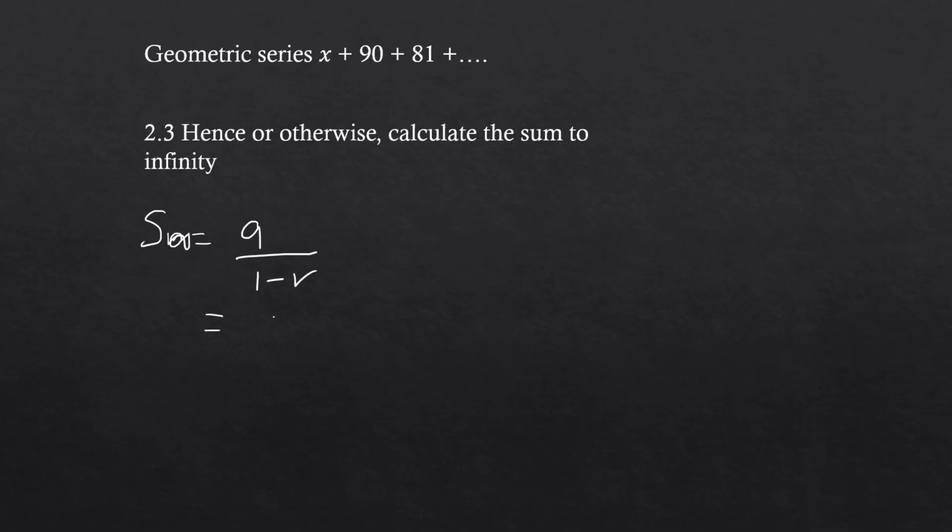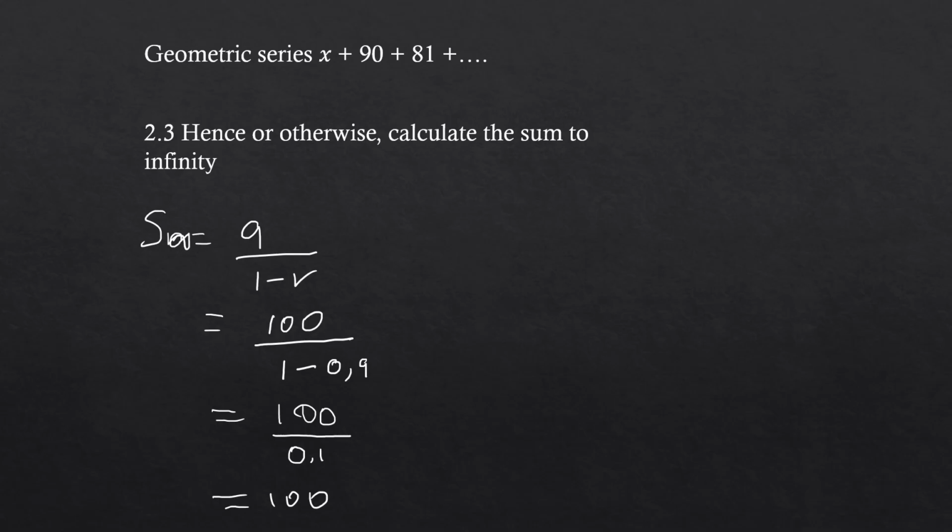Our a is the first term, which is 100, divided by 1 minus r. Our r is equal to 0.9. Therefore it is equal to 100 divided by 0.1. Therefore the sum to infinity is equal to 1000.